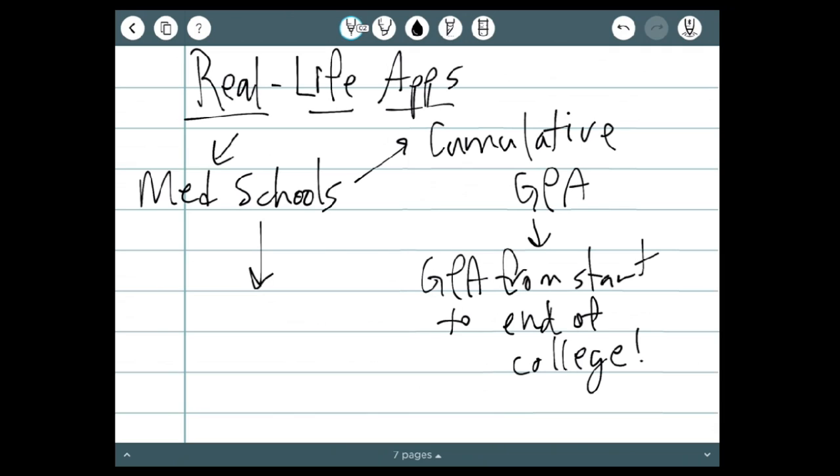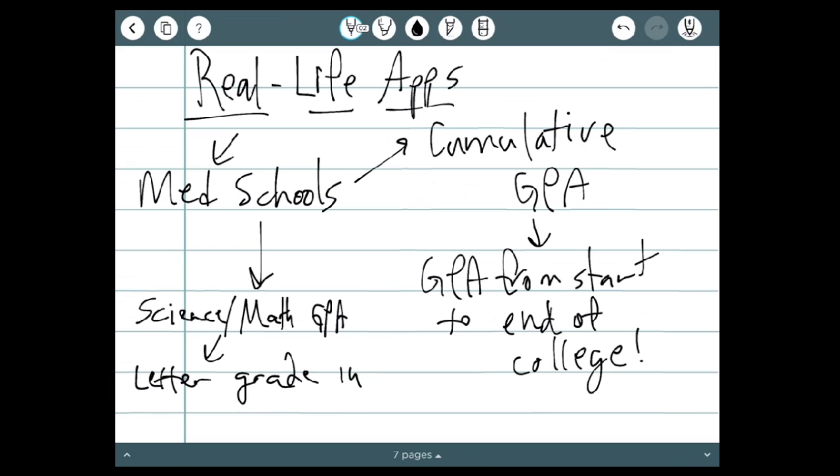Another thing that med schools also look at is this thing called science/math GPA. So this is something you can't always plug into a calculator online. You would have to calculate this on your own, because for the science/math GPA, the med schools will only look at literally your letter grade in science/math courses only.